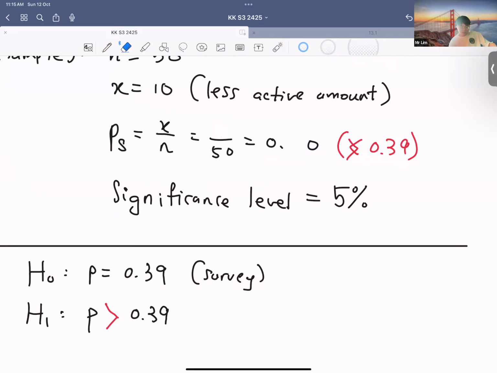If I have 20 divided by 50, which is equal to 0.40, which is greater than 0.39, then my test should be on the right side, a right tail test. But it's okay, now I have a left tail test. Let's just be honest with what I have.